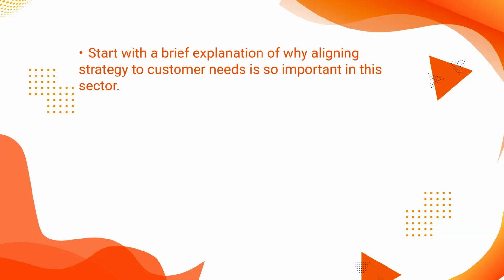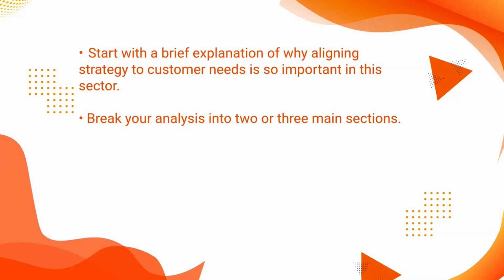When it comes to planning your answer, here's a structure that works well. Start with a brief explanation of why aligning strategy to customer needs is so important in this sector. Then, break your analysis into 2 or 3 main sections. First, look at what rational strategy formulation actually involves and why it's relevant to the organization.